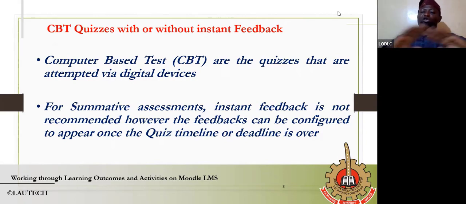When the quiz has closed, the student can now see where they lacked, and feedback is given back. So that is that about quizzes with or without instant feedback.